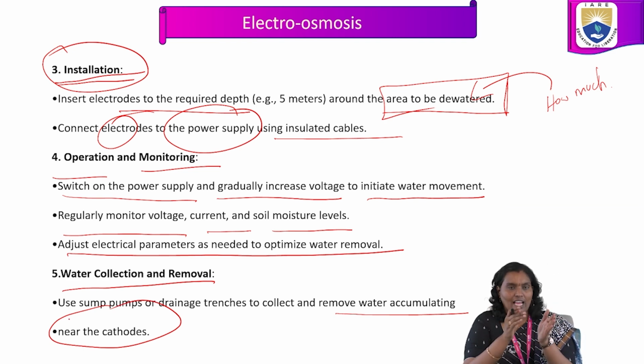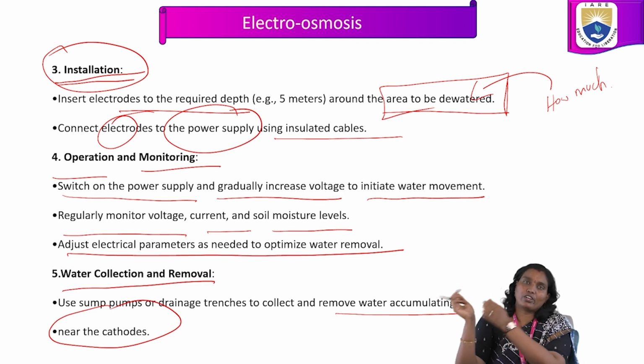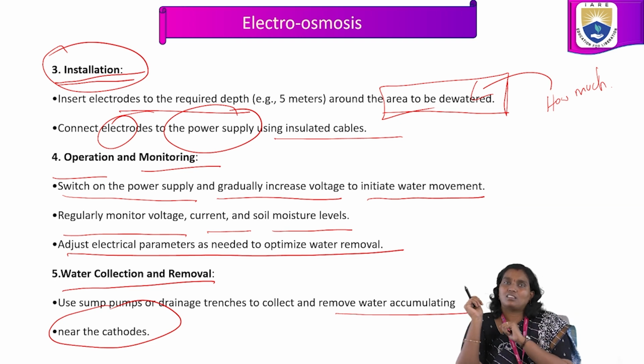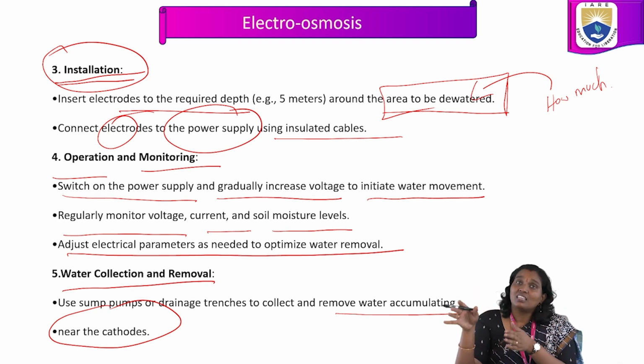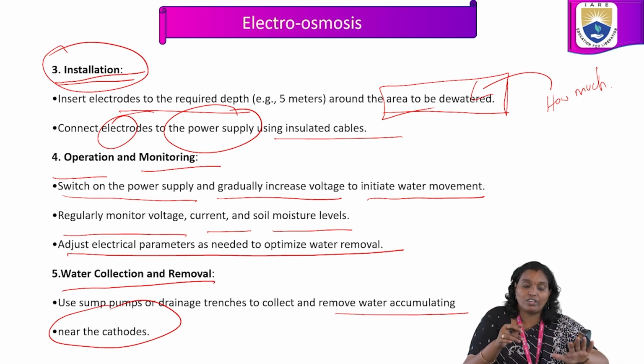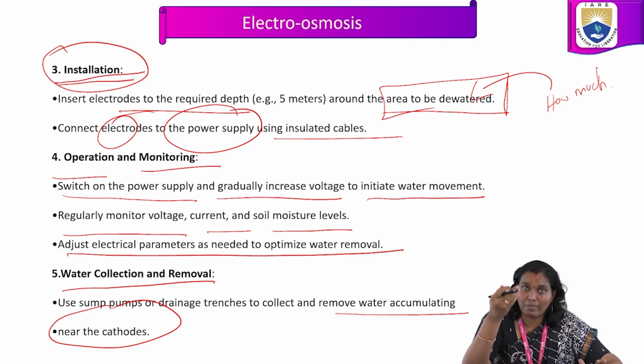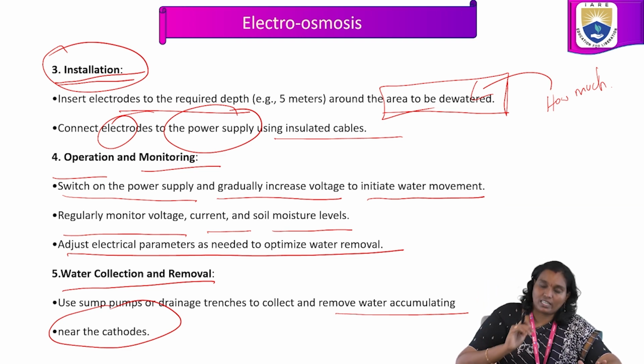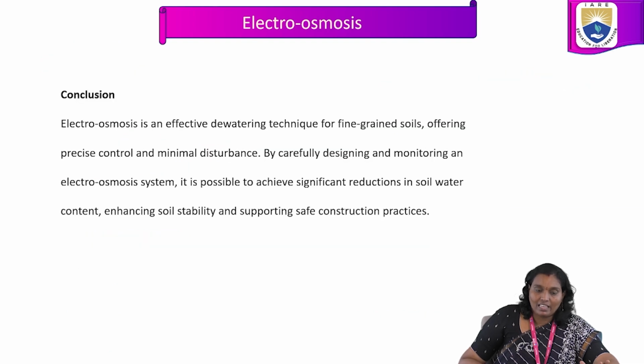So whatever accumulated water is there, we collect that water and remove it from the soil and from the site. How do we collect this? Use pipes or drainage trenches to collect and remove water accumulated near the cathodes.